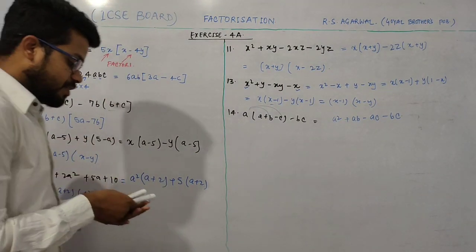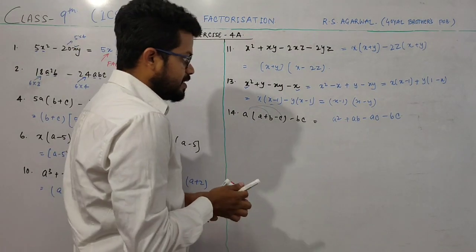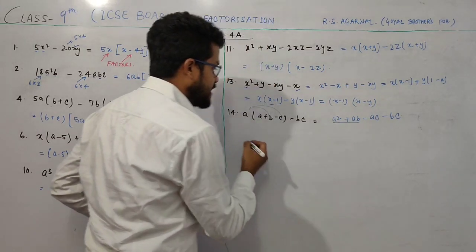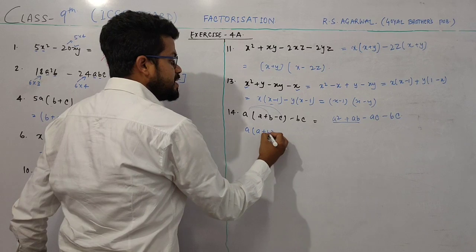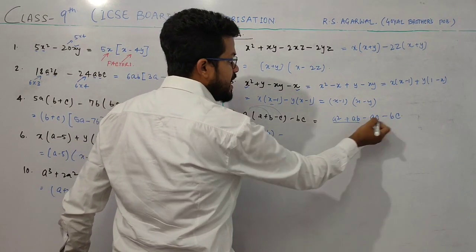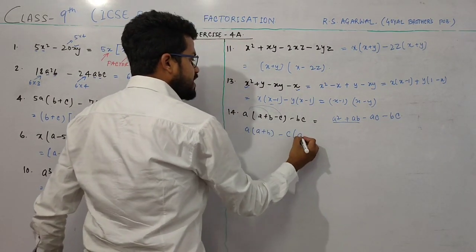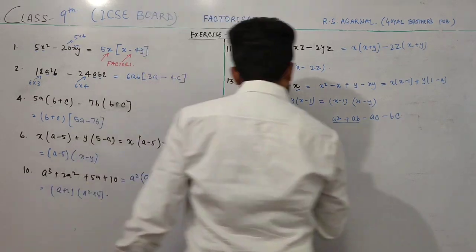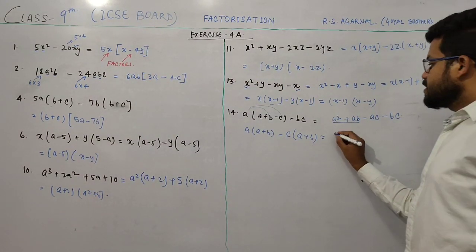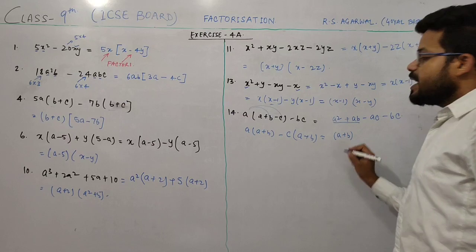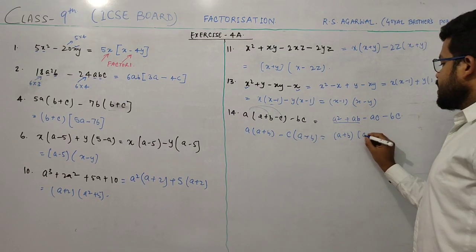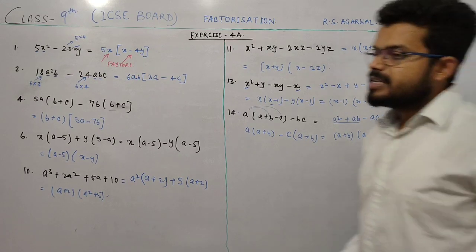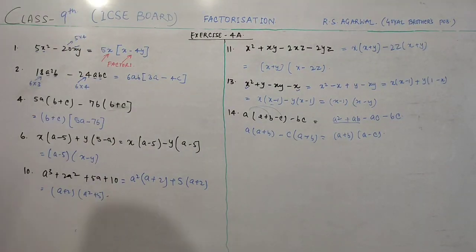Now if I take common a from these, the remaining is a plus b. Again if I take common minus c, the remaining is a plus b. Now we can easily take common a plus b, and the remaining is a minus c. This is question number 14.